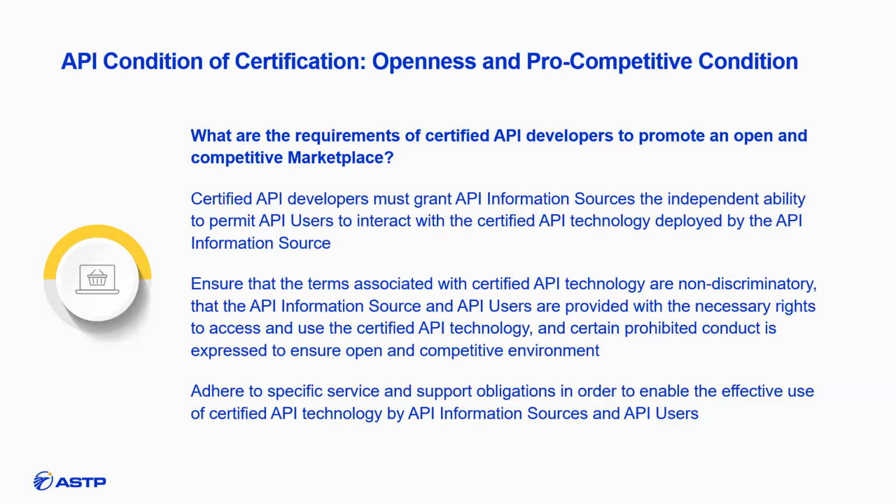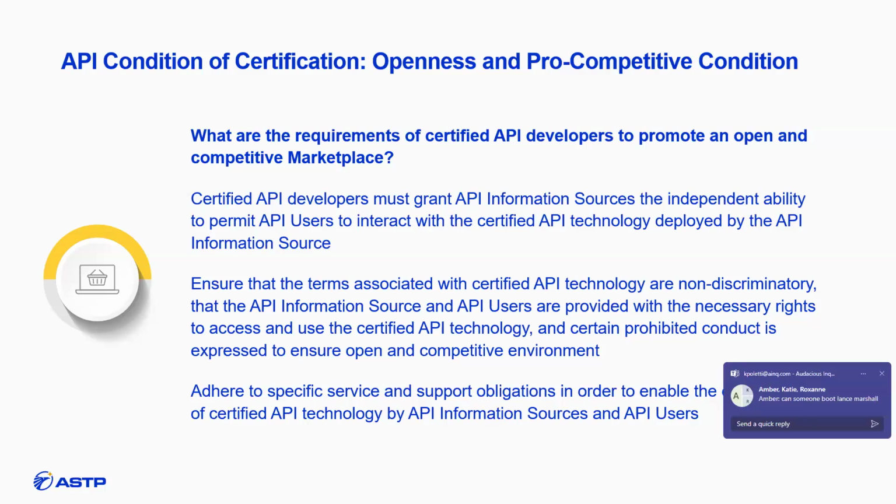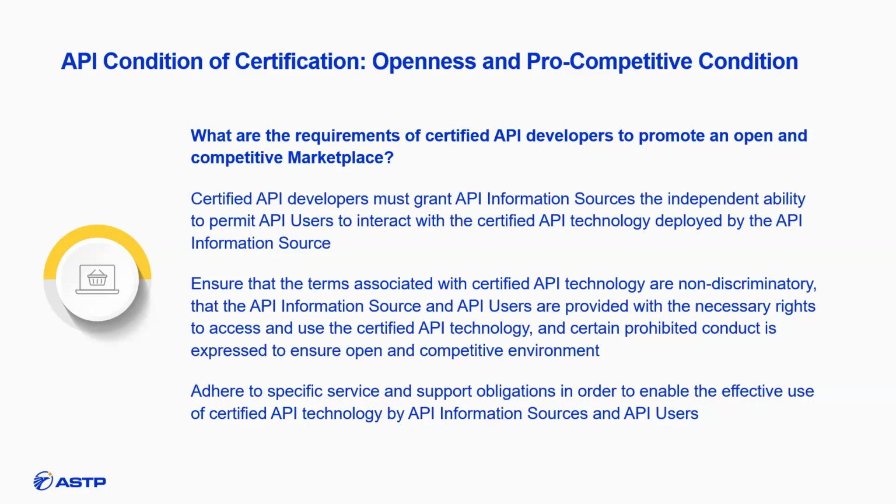And then rights to access and use certified API technology include things like accessing and using this technology in a production environment, developing these products and services using the technology, and then marketing or offering or distributing these products or services associated with the certified API technology.